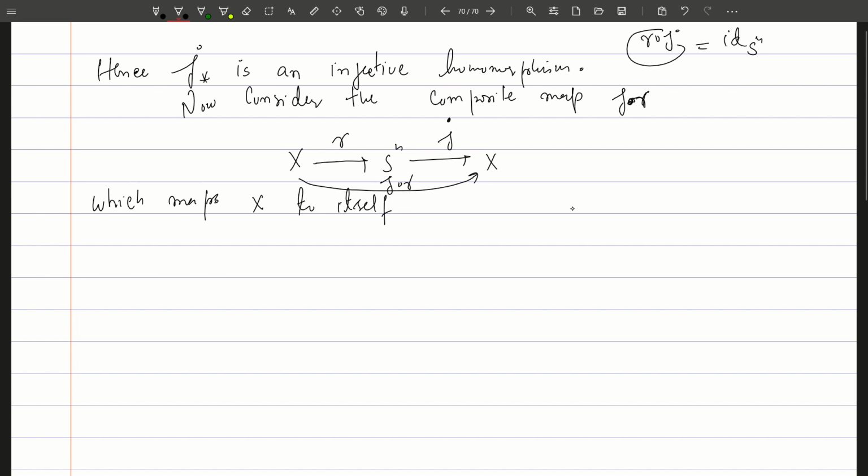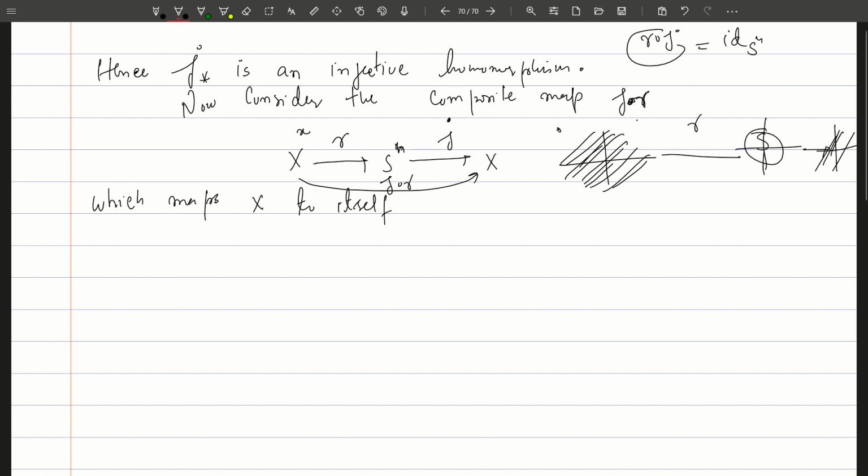Suppose, for example, n is equal to 1, so we have this map R from R2 to S1, where S1 is a circle, and then we have again a plane.